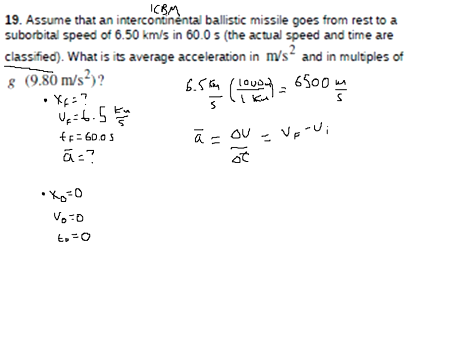So V final minus V initial, canceling these units, we end up with meters per second over T final minus T initial. That's 6,500 meters per second minus 0, divided by 60.0 seconds minus 0.